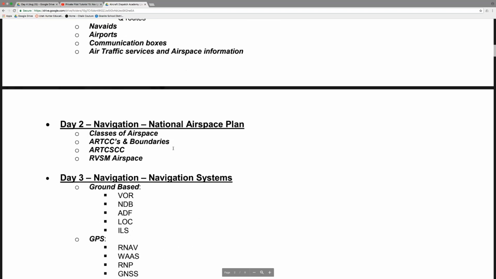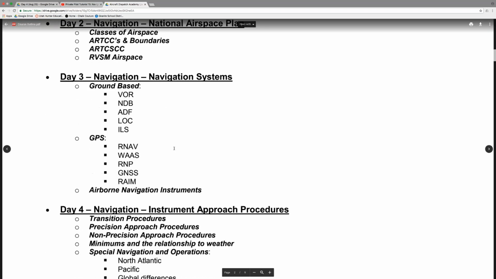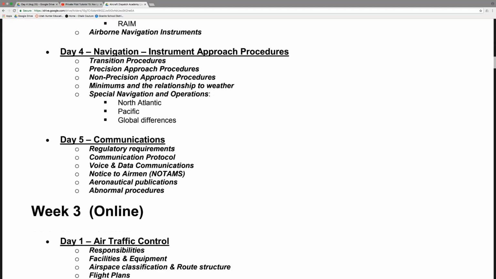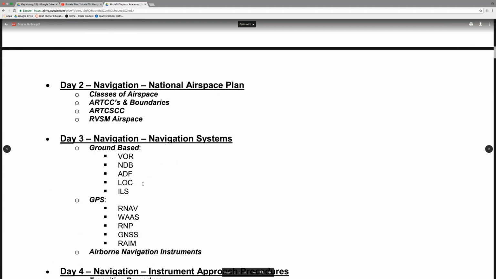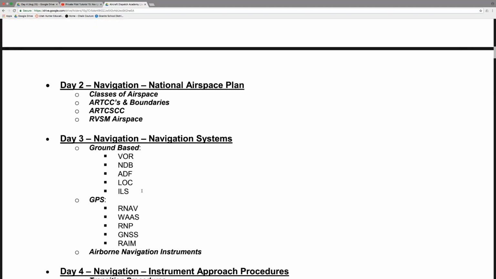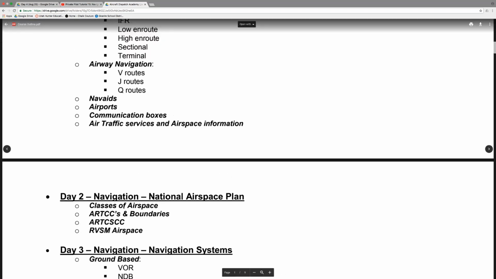This is a really important part of the class. If you remember us talking about the 1 NavAid, 2 NavAid rules, we're going to go in and define what these NavAids are, what the different types of ground-based navigation are, what the difference is between a precision approach and a non-precision approach, GPS systems, all of that.